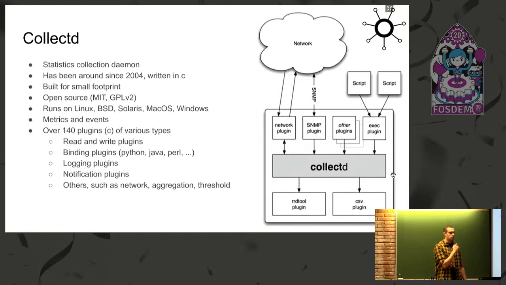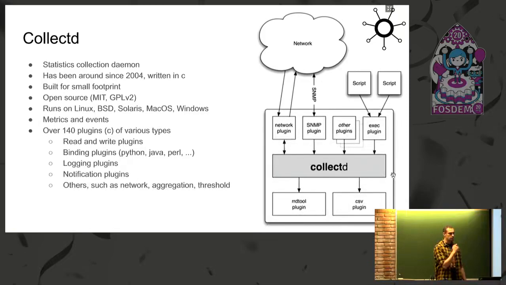There are also binding plugins if the plugins that are there are not enough for you. You can write some Python scripts or Java applications and feed them into the CollectD core daemon to dispatch those applications for further integration with your analytics stack. There are also modules for logging, handling notifications, aggregation, thresholding, and filtering metrics.